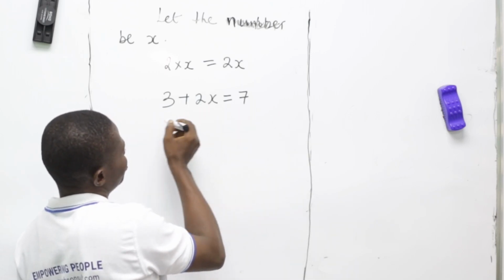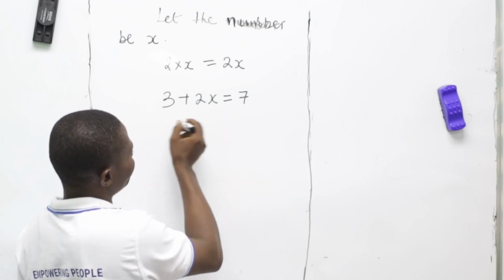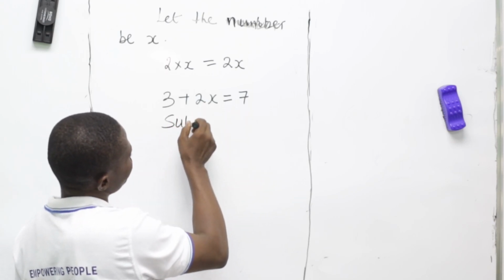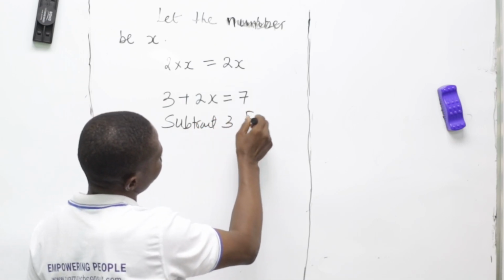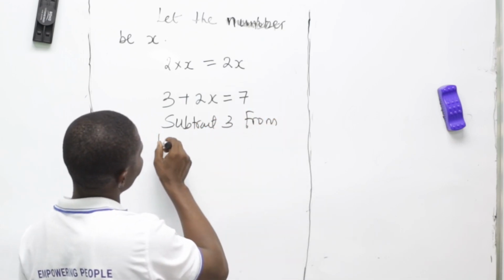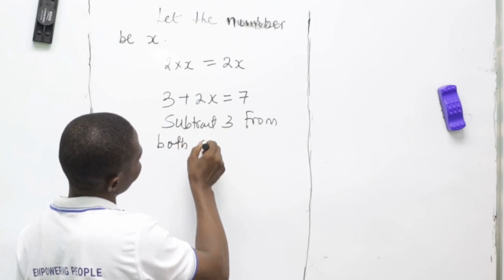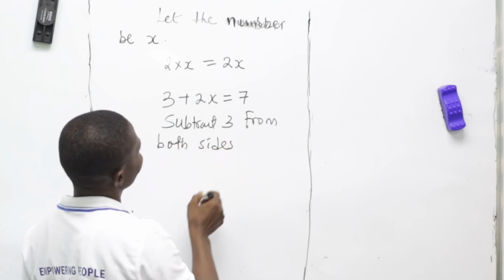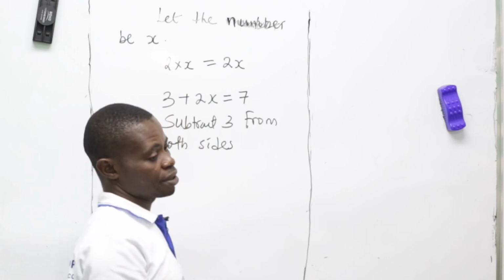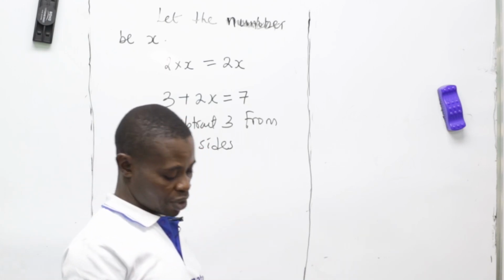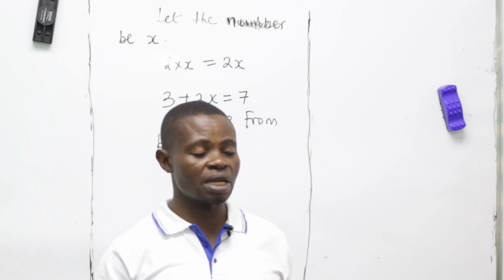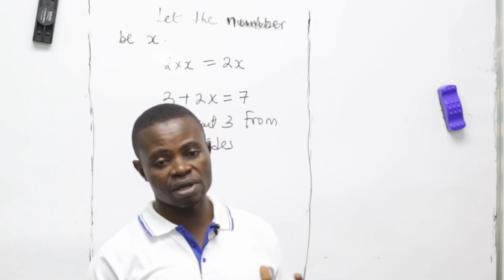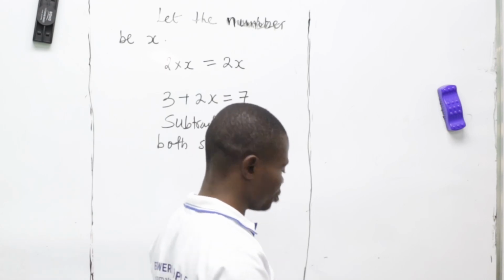So this is the statement you have presented in a mathematical form, and the form we are seeing is just linear. So to get the value of x, you can either say subtract 3 from both sides, or you can say collecting like terms, meaning let constant go to constant and alphanumeric stay on its own.